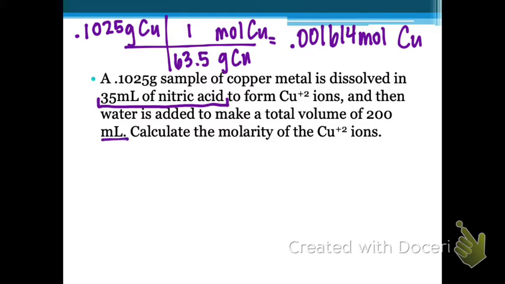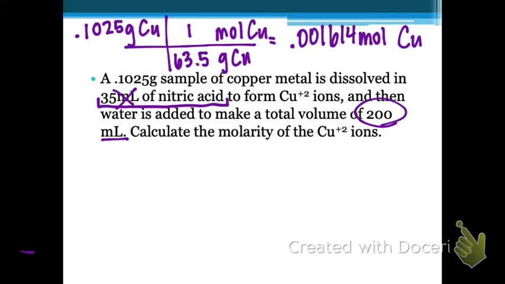So we dissolve it in nitric acid, that causes it to ionize. Then we dump that whole thing into water to have 200 milliliters of our solution. So we're not really concerned about the 35 at all, because the final volume of our system is 200 milliliters. Does that make sense, right? The 35 mL was like part 1, but we don't really even care about that. All we care about really is our total final volume.